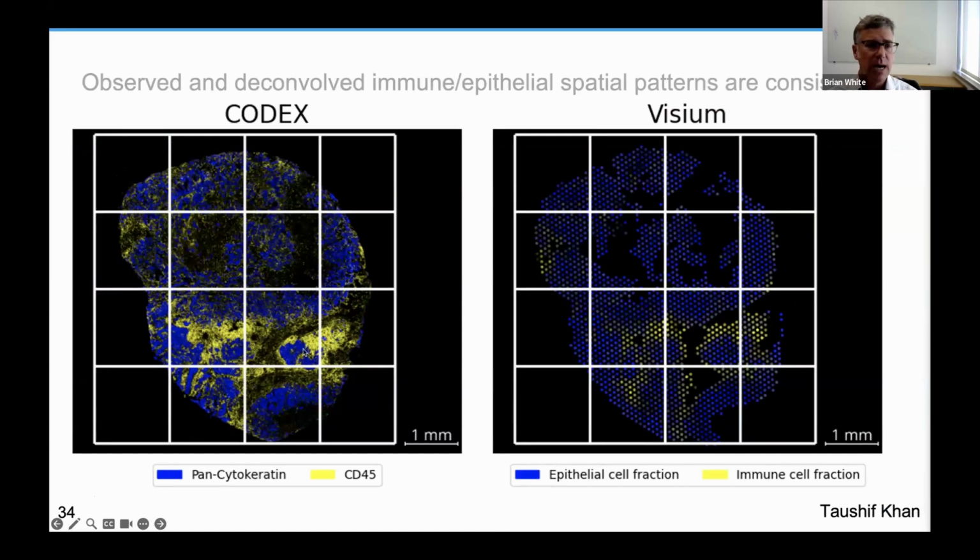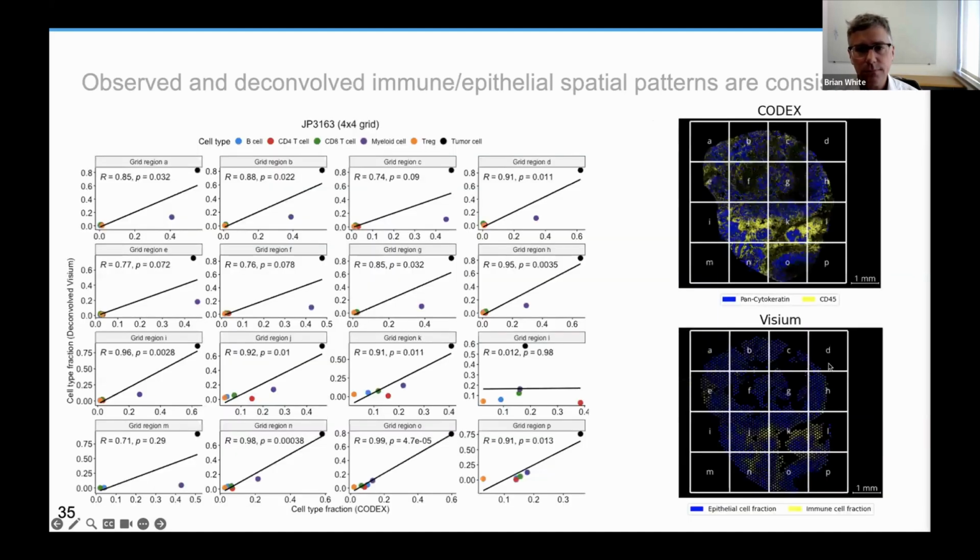And these pockets of yellow immune cells are surrounded by blue epithelium, as indicated by pan-cytokeratin in the Codex, and the high epithelial cell fractions from the deconvolved Visium on the right.